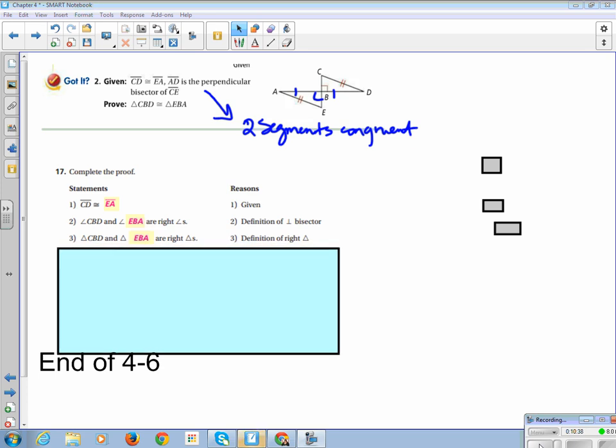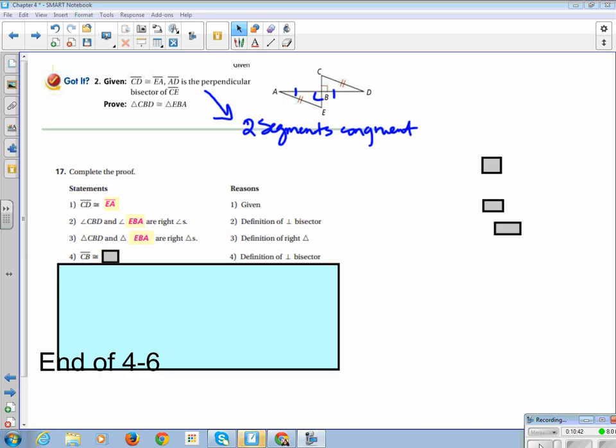All right, what's next? Okay, so CB is congruent to EB by definition of perpendicular bisector.